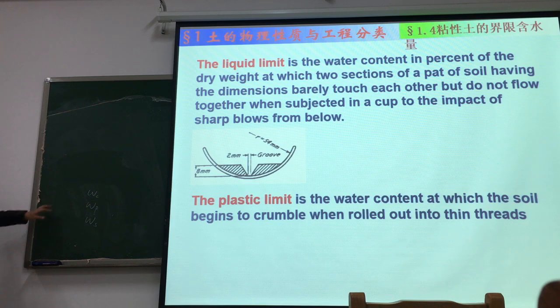Next, we'll continue to discuss the test methods in the laboratory to determine the liquid limit or plastic limit or shrinkage limit. Okay.